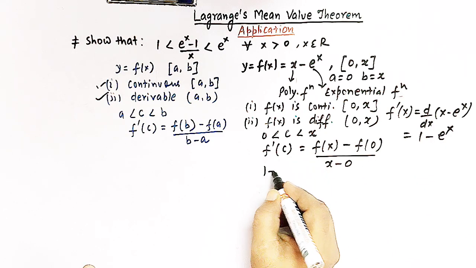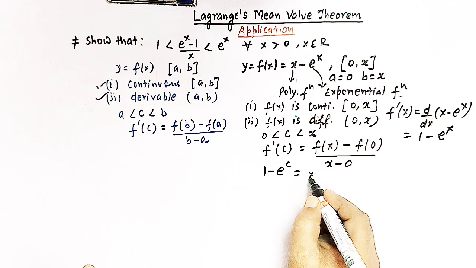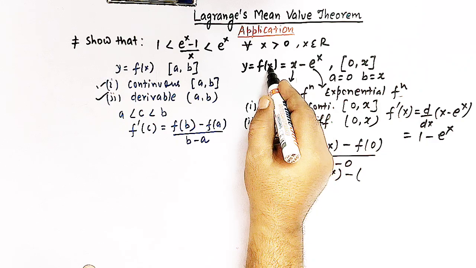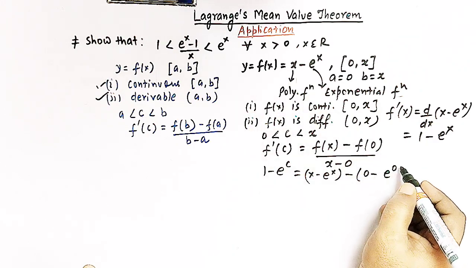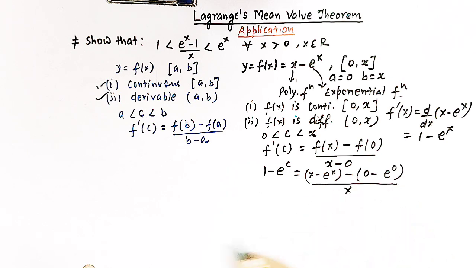So here we have 1 minus e raised to c, and f of x is x minus e raised to x, and f of 0 can be obtained by replacing x by 0. So here we have 0 minus e raised to 0, and in the denominator we have simply x.